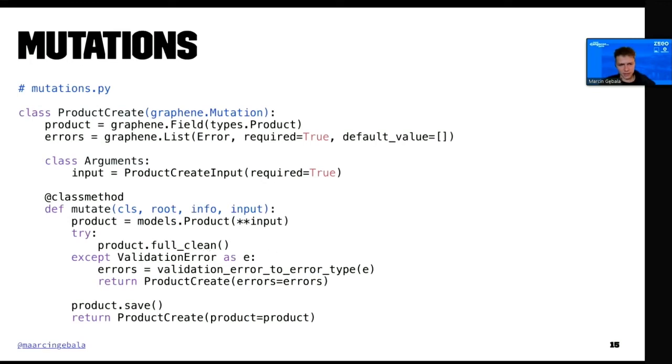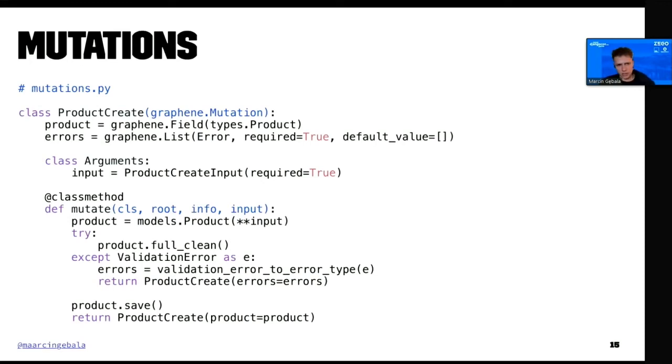And of course, if there are any errors, like for example, a field was required but was not provided in the input, I would get a validation error here. So here we are catching all those validation errors, converting them, with those small utility function, to a format that will match with the format of this output field. And if everything is fine, then we just save the newly created instance and return that to the API user. So this is how we define mutations.